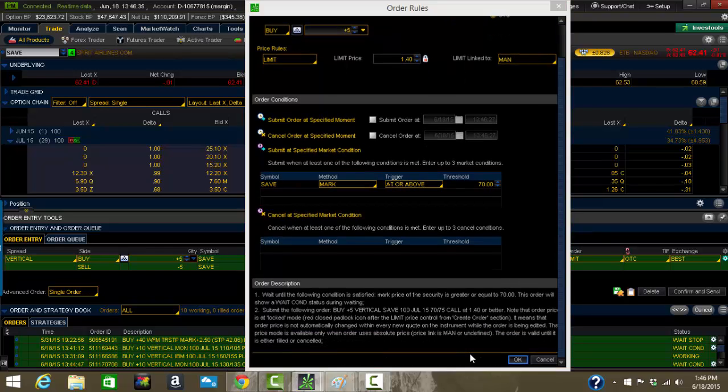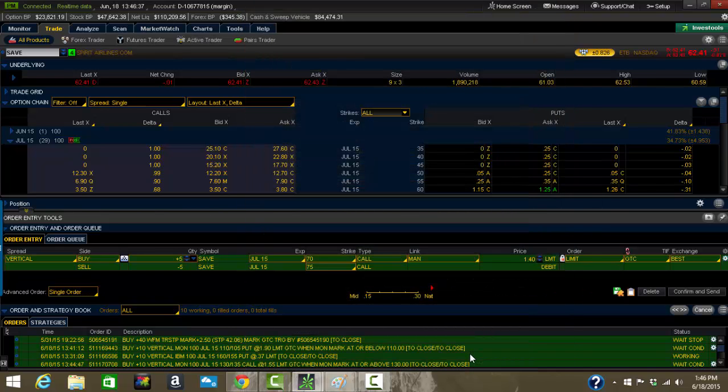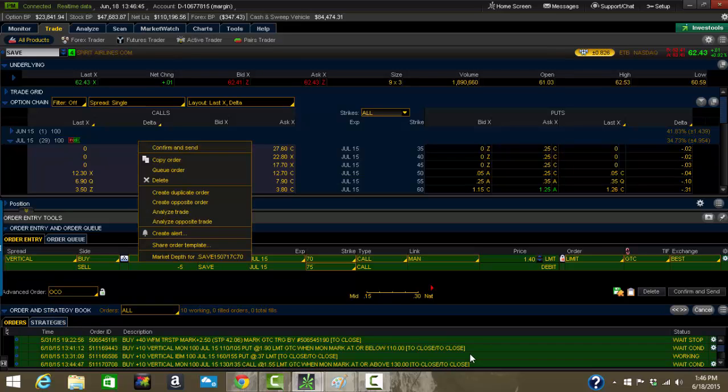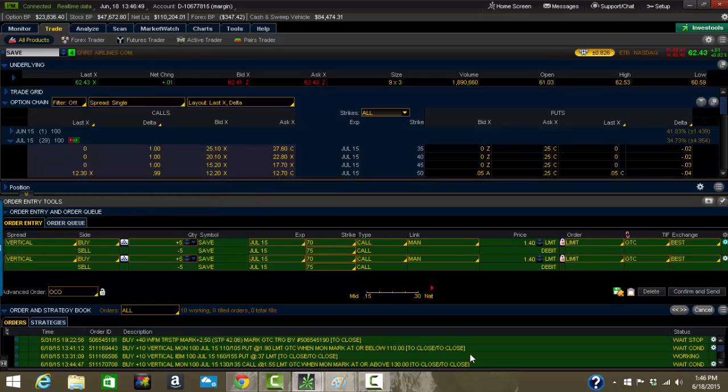Click OK. Now I'm going to add one layer here. If you want to set your target order at the same time, you have this OCO down here. You create a duplicate order and you put a target in. Let's say that we want to get out when it's worth a nickel.